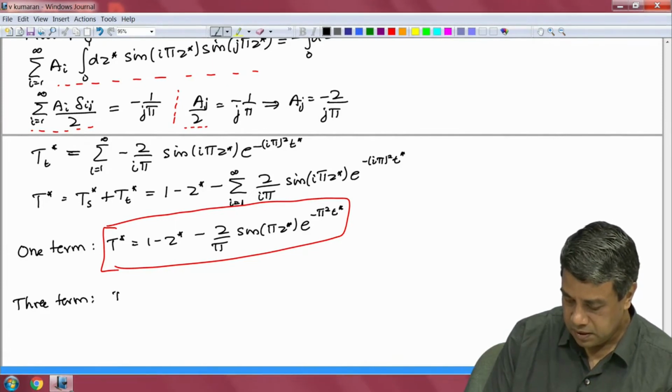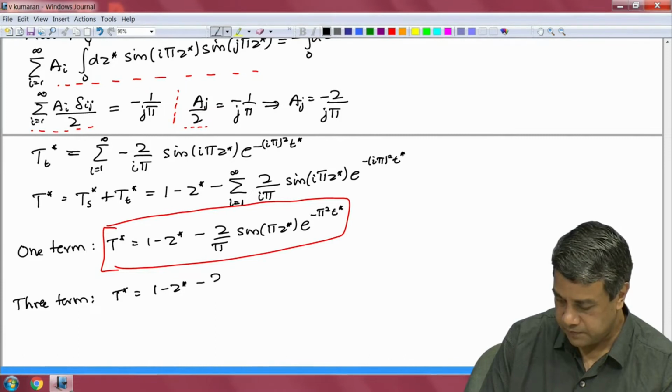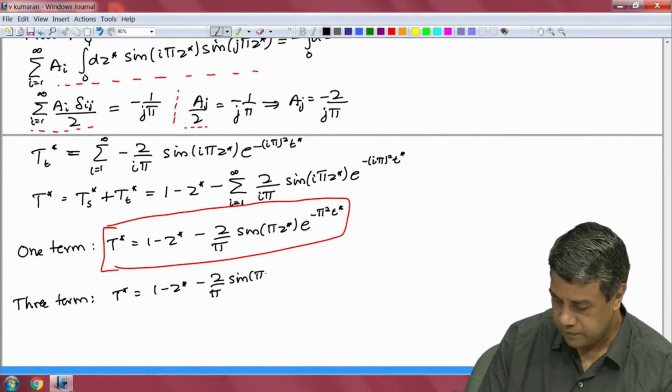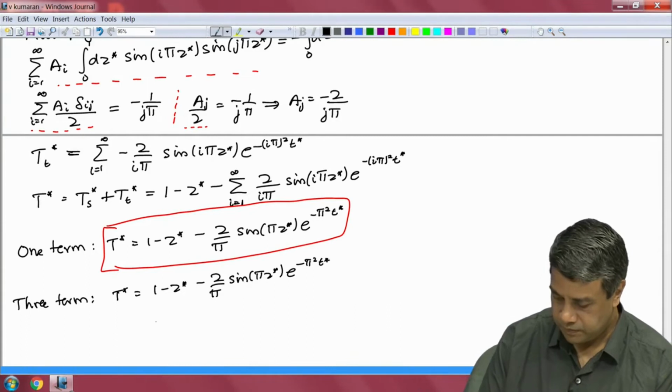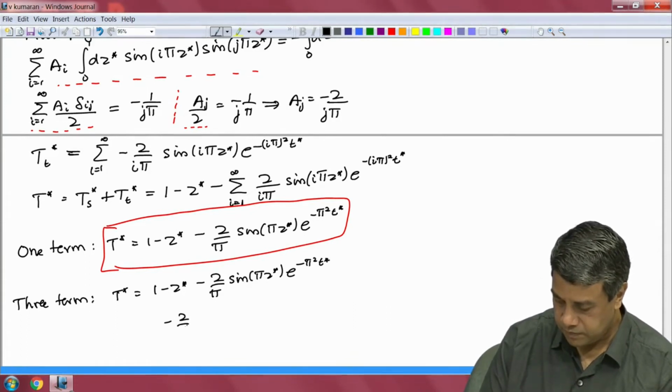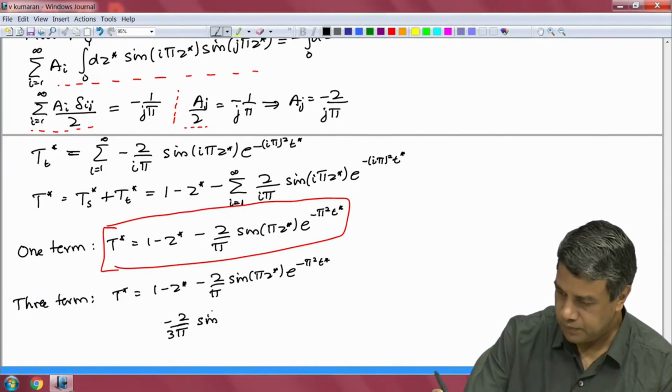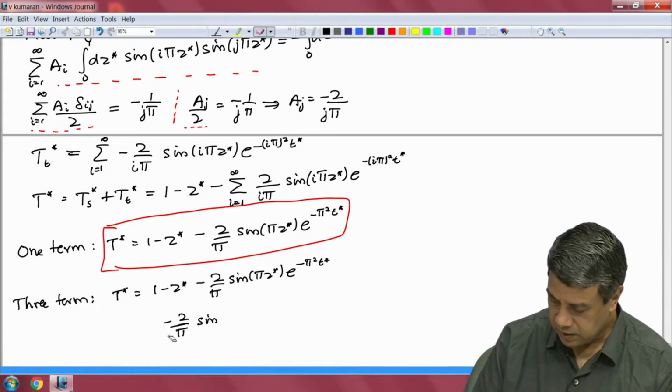T star is equal to 1 minus z star minus 2 by 3 pi, and for i equal to 2, I get just.